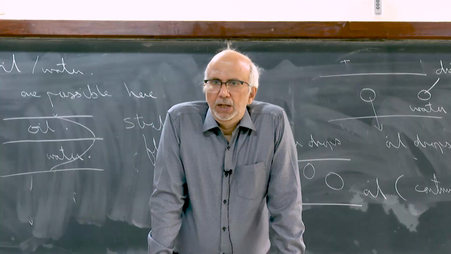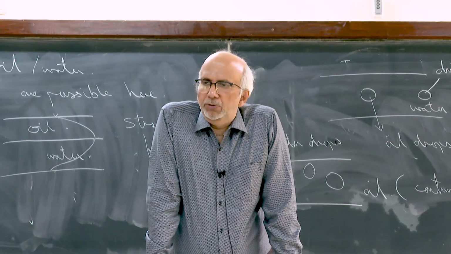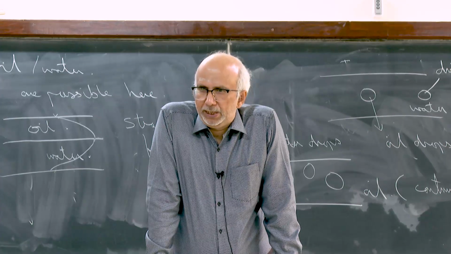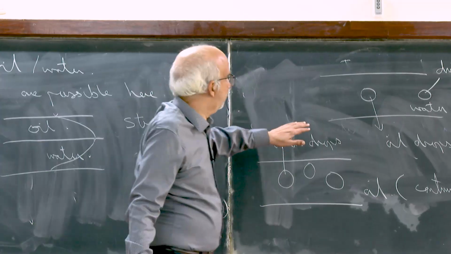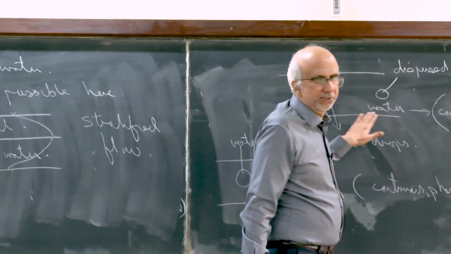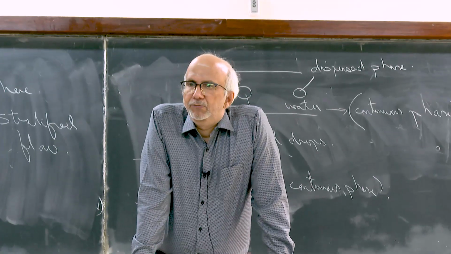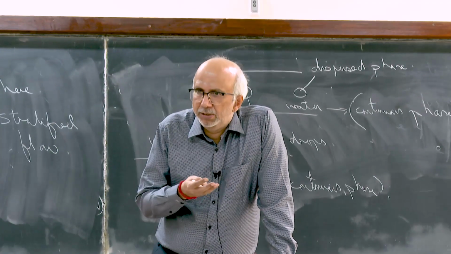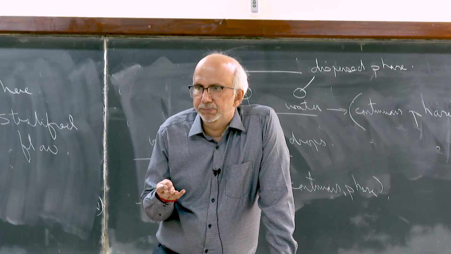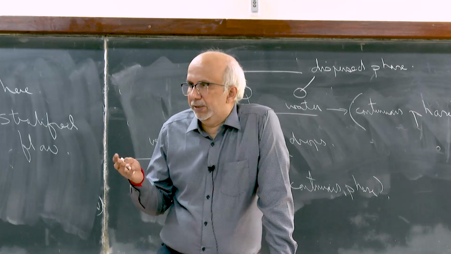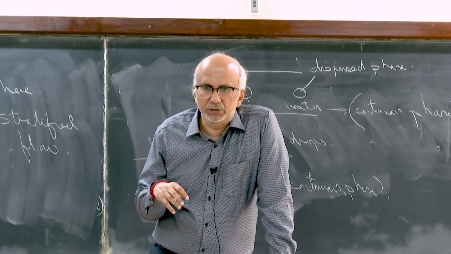For example, you know what is hydrophobic, hydrophilic. Hydrophilic means something likes water. So if I were to coat this surface and make it hydrophilic, then water will have it, it likes water. So water will be the continuous phase. If I make it hydrophobic, the surface does not like water, oil will be the continuous phase.